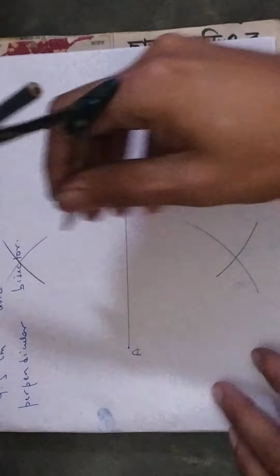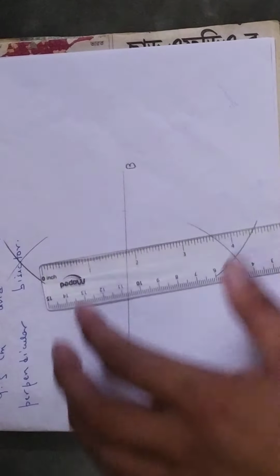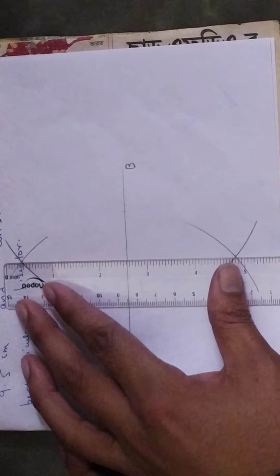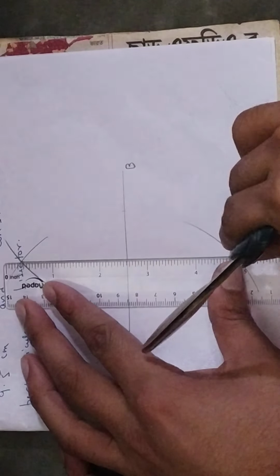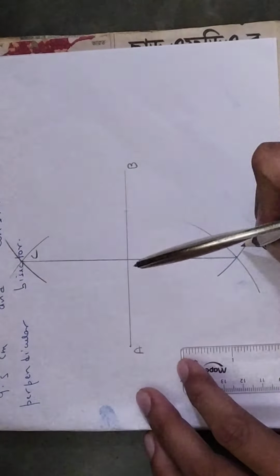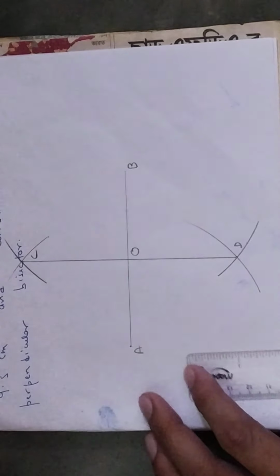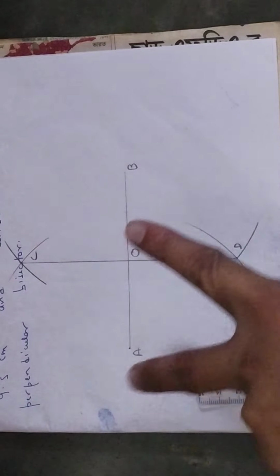Now these 2 points you join, this point and this point, with the help of scale. And suppose this is C and suppose this is D and this is O. So CD is the perpendicular bisector of AB.